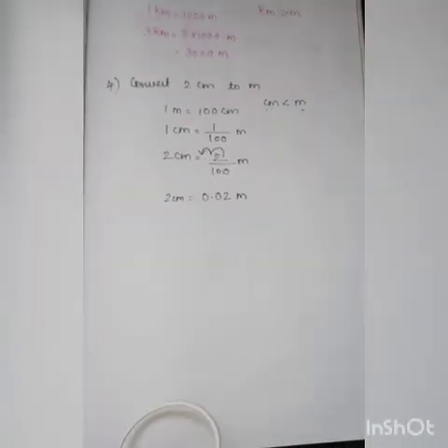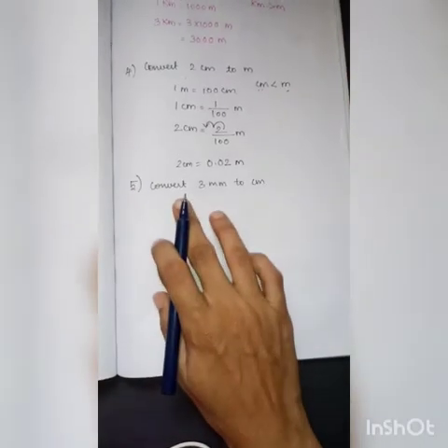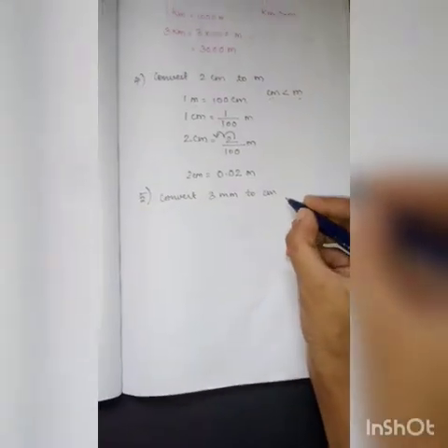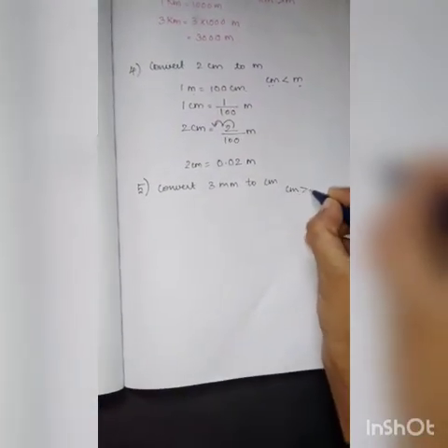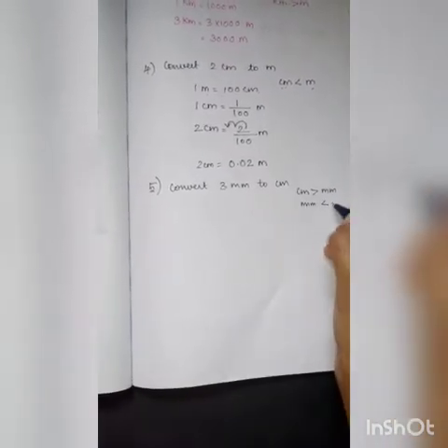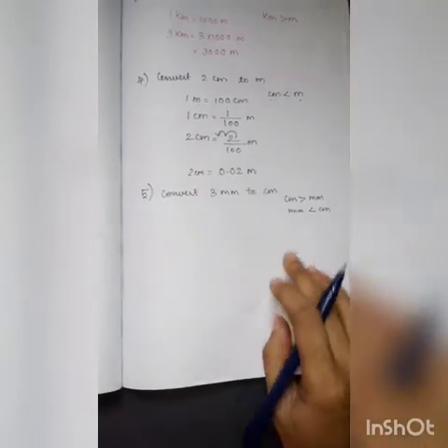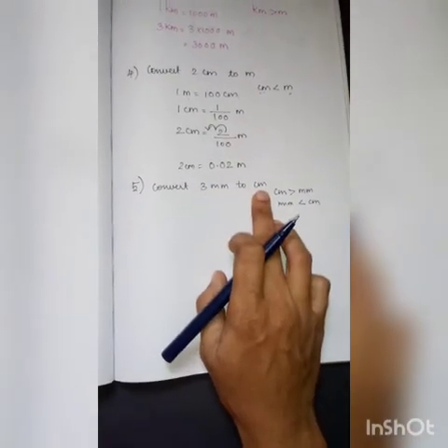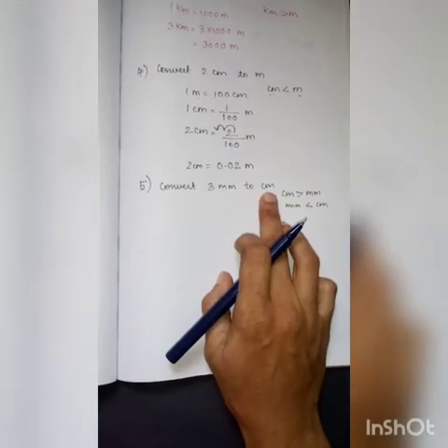Understood? See, here we are going to convert 3 millimeter to centimeter. Millimeter is less than the centimeter, right? So we are going to convert from smallest to biggest, so obviously you are going to divide it.